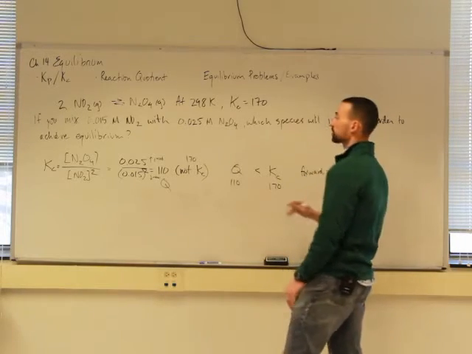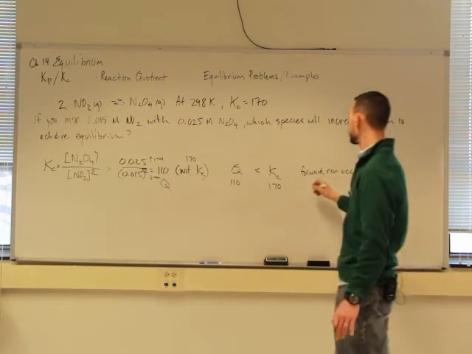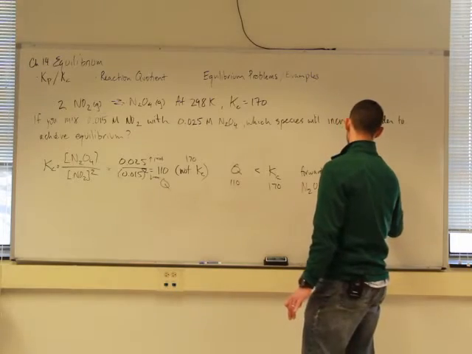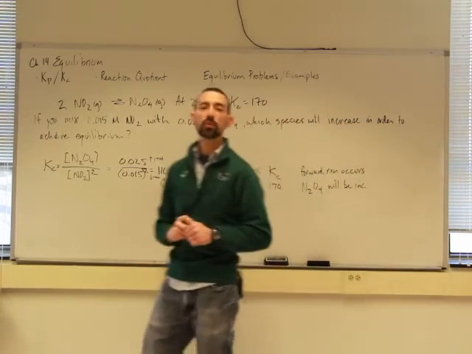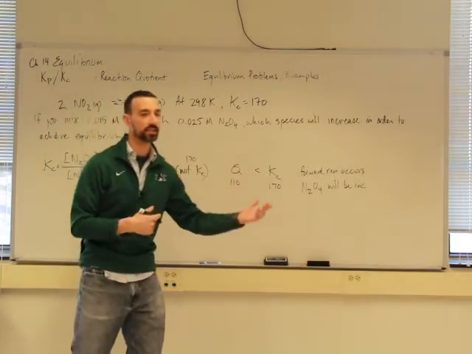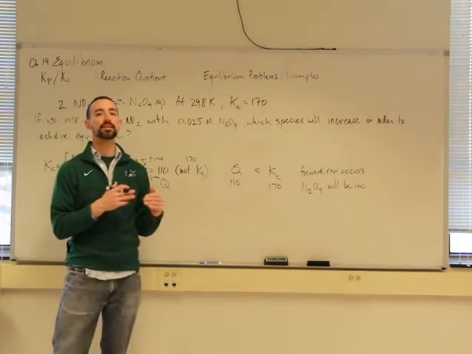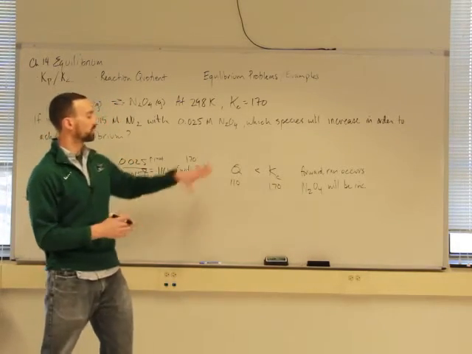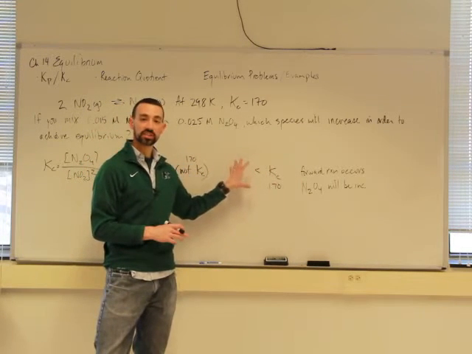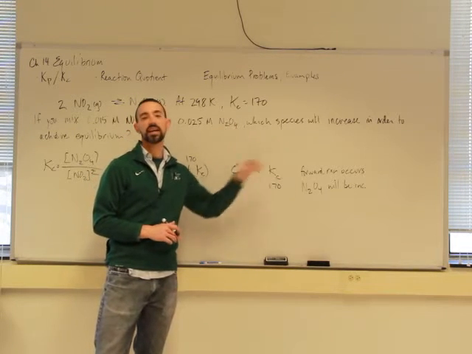And as a result, to answer the question the way that it was asked here, which species will increase, the N2O4 will be increased in this case. But the question could have been, how will N2O4 change? Answer, it'll increase. How will NO2 change? It will decrease. So there's a variety of ways that the question could be asked, all answered by comparing the Q value, the current state of affairs for this reaction, to the equilibrium constant, where we will ultimately end up.